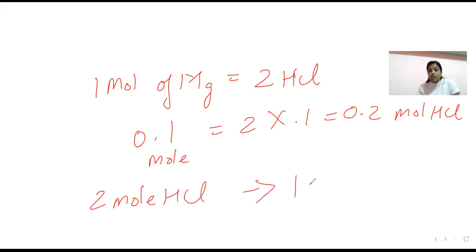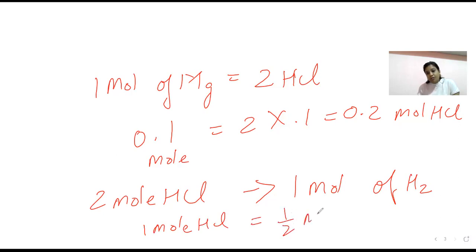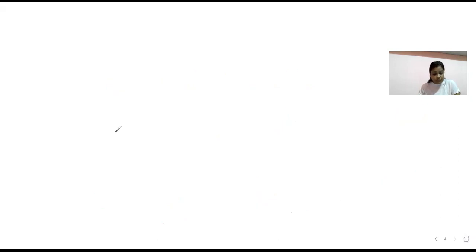According to the equation, 2 moles of HCl produce 1 mole of hydrogen. So 1 mole of HCl produces half mole of hydrogen, by the unitary method.